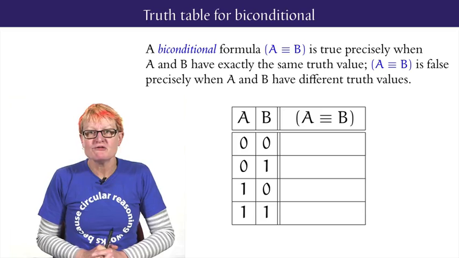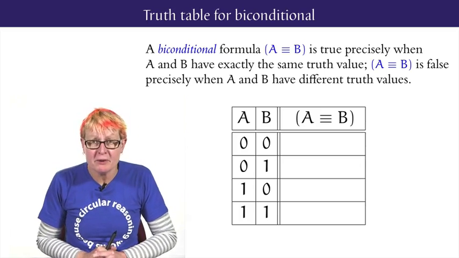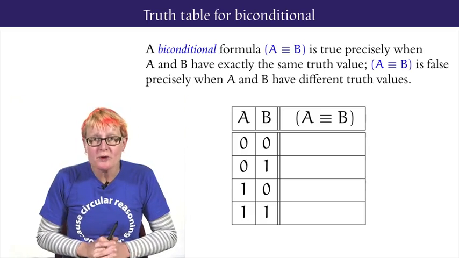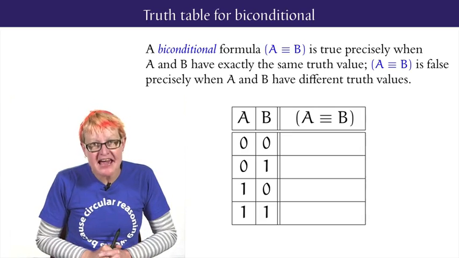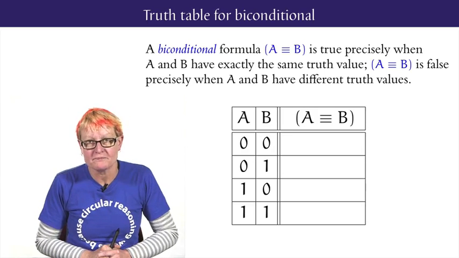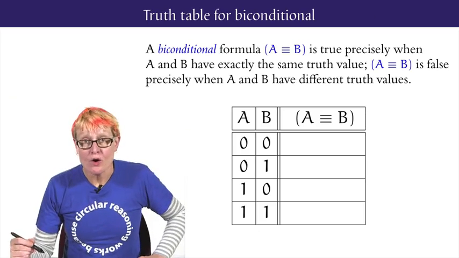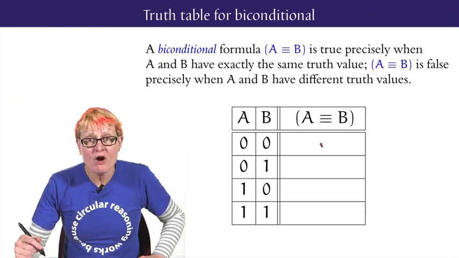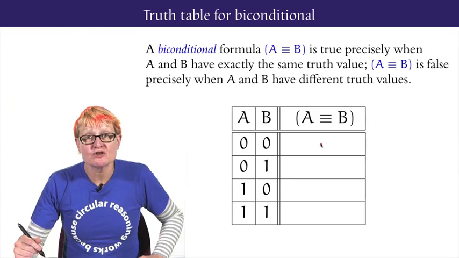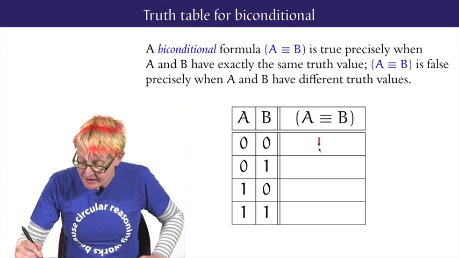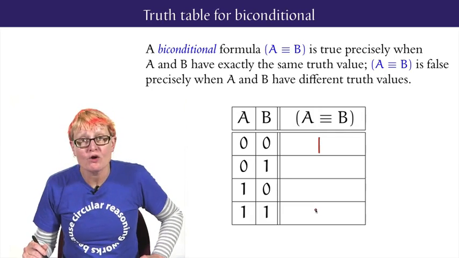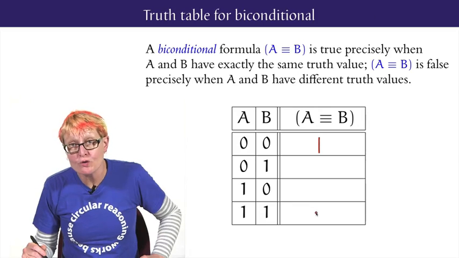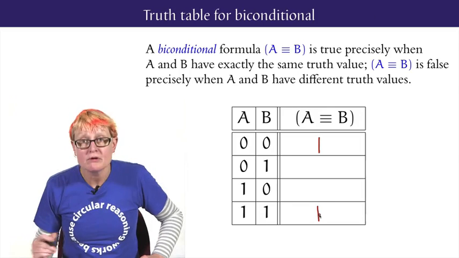A biconditional formula, A if and only if B, is true precisely when A and B have exactly the same truth value. On the first row, when A and B are both false, the biconditional A if and only if B must be true. And likewise, on the last row, where A and B are both true, the biconditional must be true.